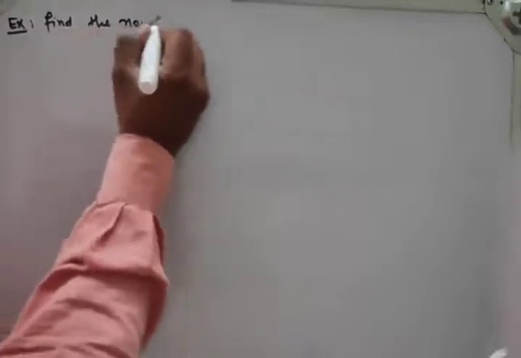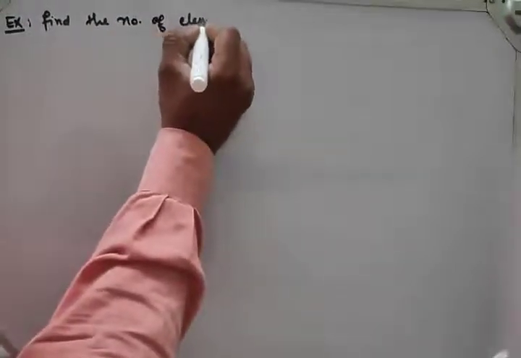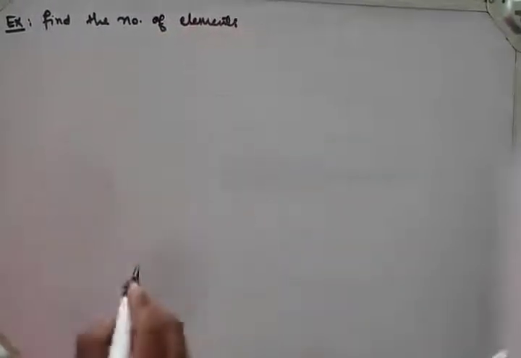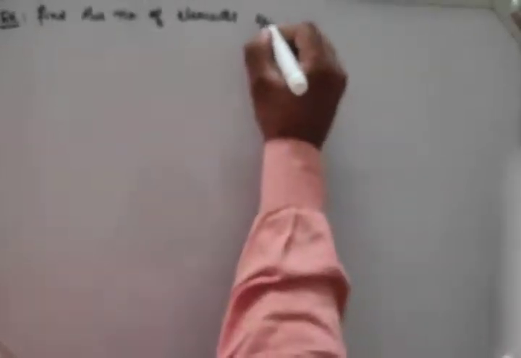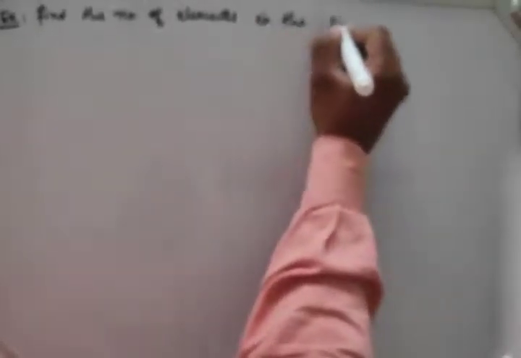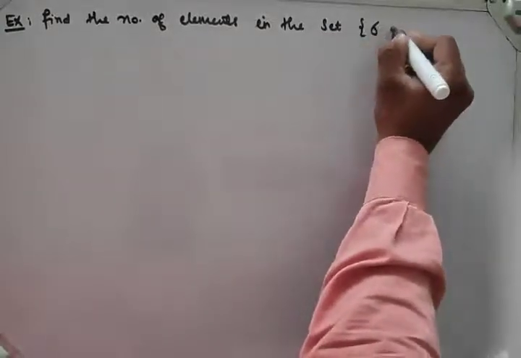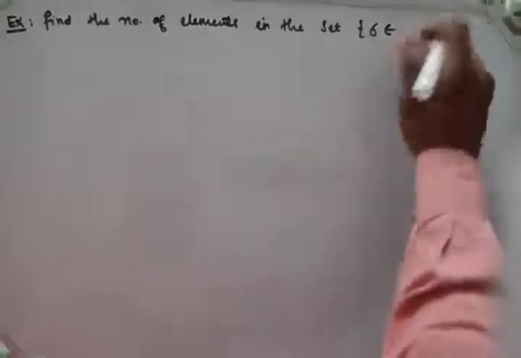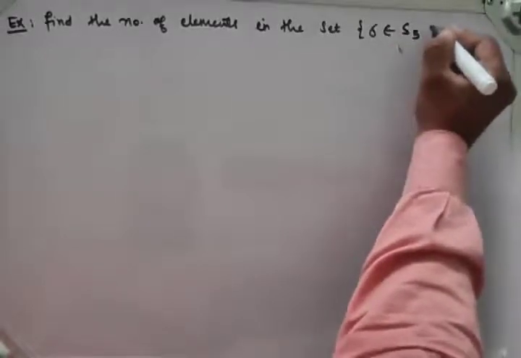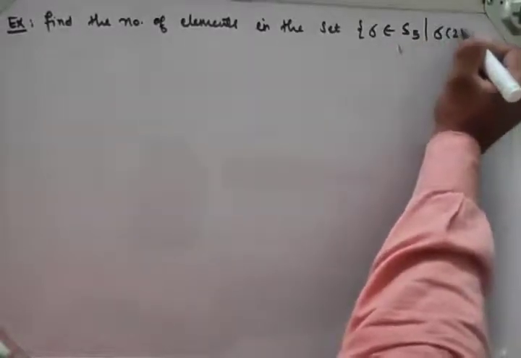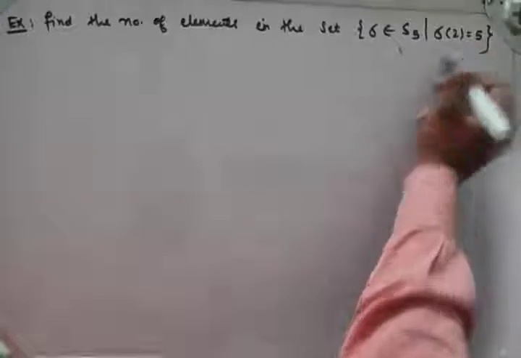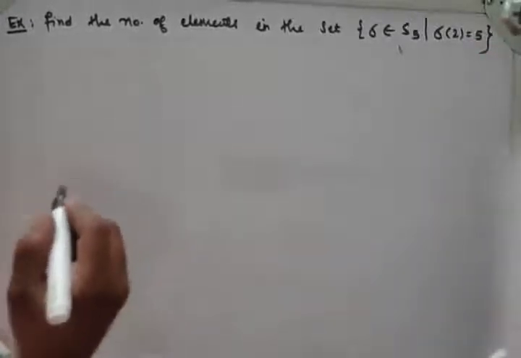Find the number of elements in the set of sigma belonging to S5 such that sigma of 2 is equal to 5. Sigma of 2 is equal to 5.